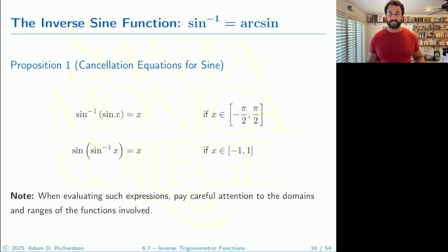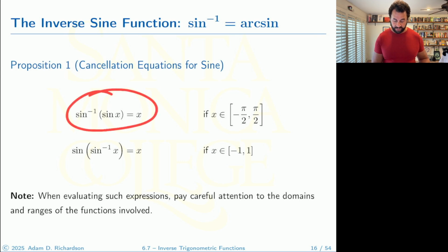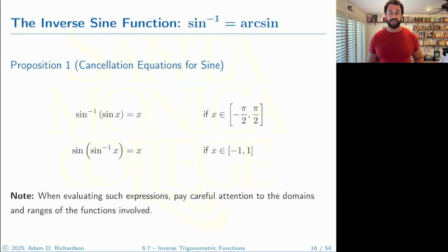All right, next, let's take a look at the cancellation equations. So just like before, these inverse functions come with a corresponding set of cancellation equations. Here's the first one, sine inverse of sine of x equals x, as long as x is within that restricted domain. The domains and ranges are critical here.